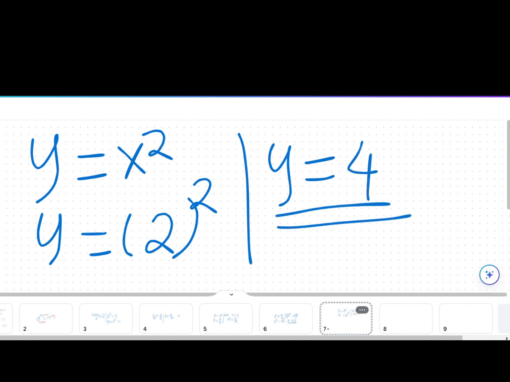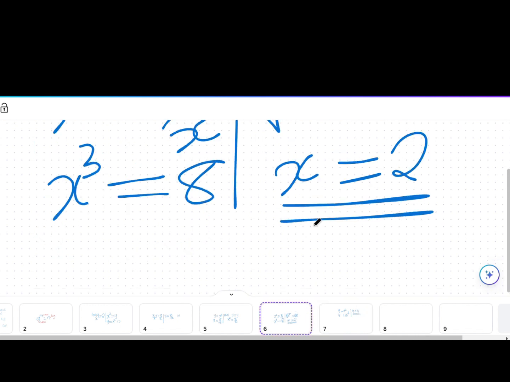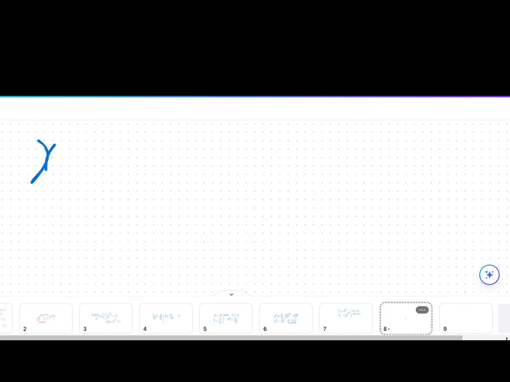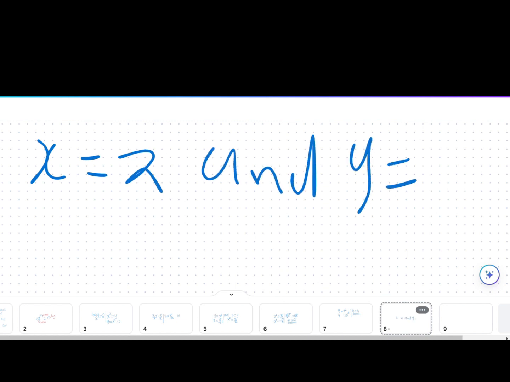So we found y also. We can conclude by saying that x is equal to 2 and y is equal to 4.